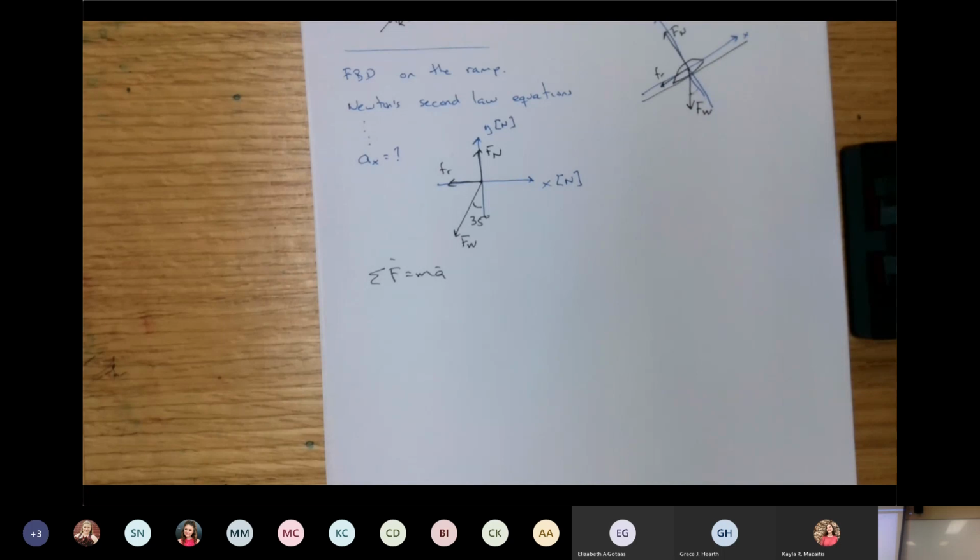So remember, the way we calculate friction is with the coefficient. Just be careful when you calculate.